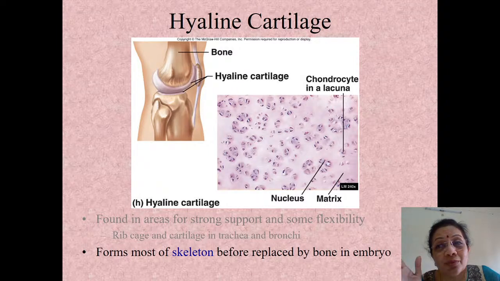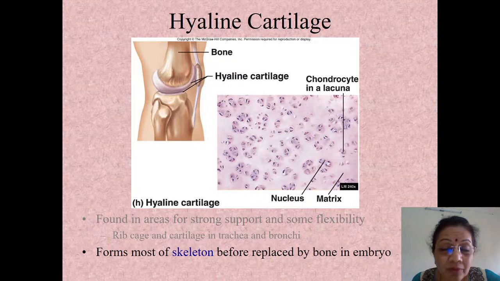There are clast cells which will eat away and destroy the cartilage which has been laid down, and new matrix, new fibers will be laid down by the new invading bone cells. That's how it happens. I think we talked about it in a previous class. So most of your skeleton was a cartilage model in the embryo before it became a bone skeleton.